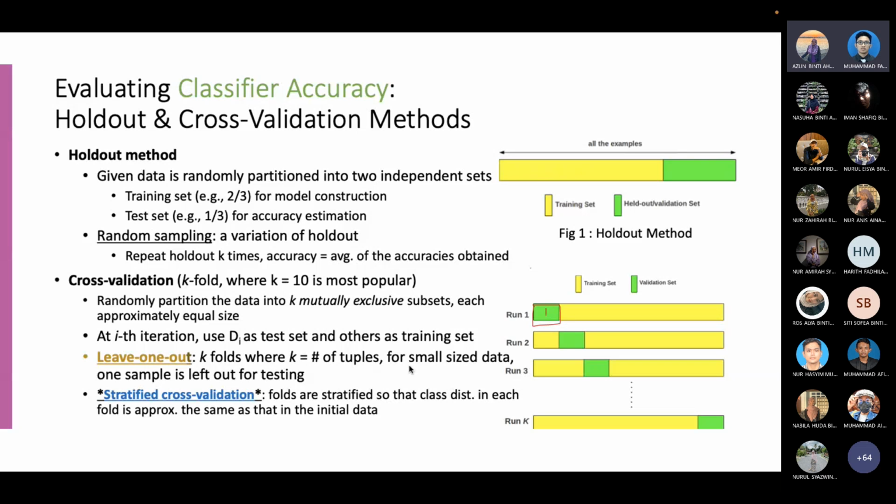Look at the size of the data that you have, try to relate it to this. Choose which one suits your case, I mean your data set.